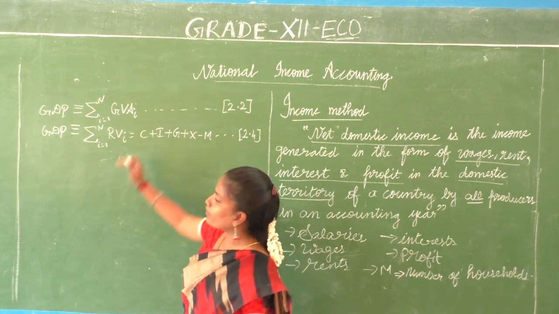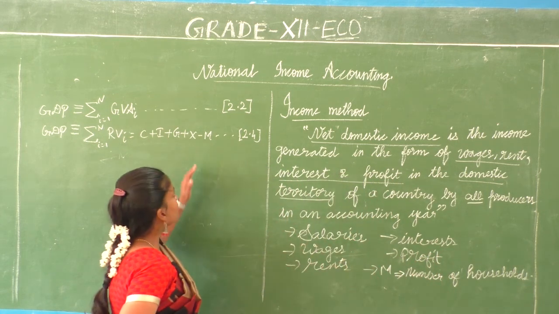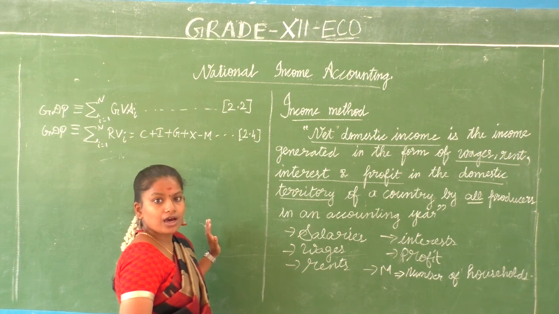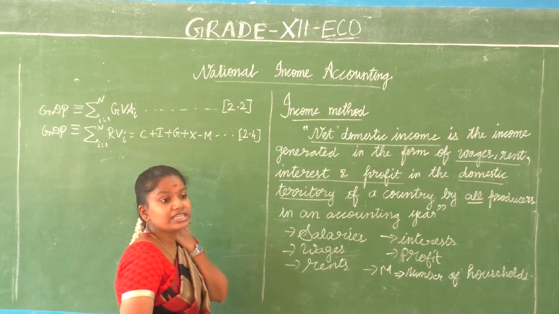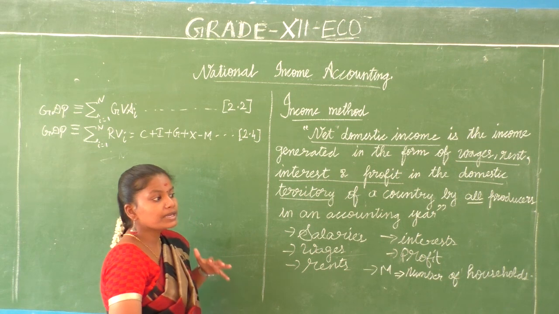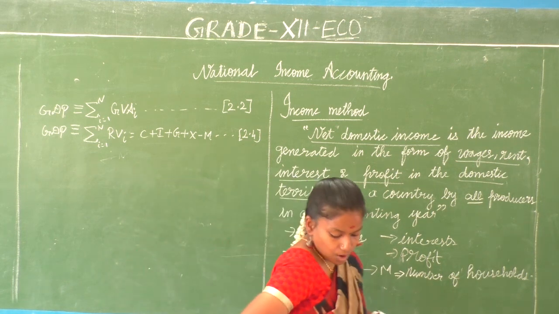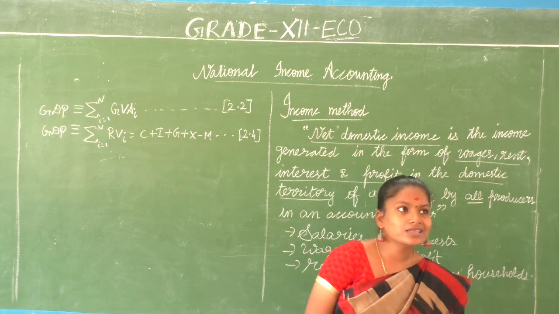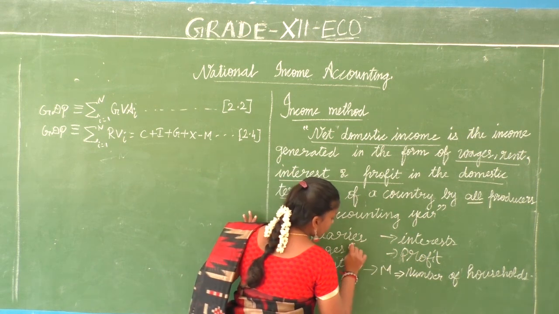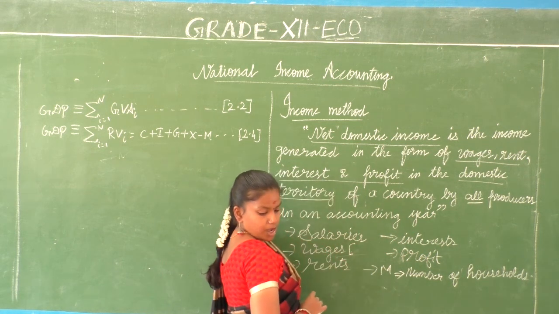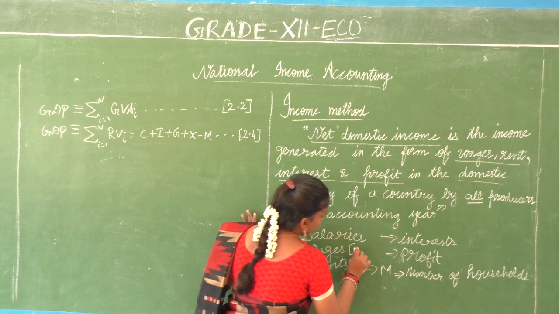Right, what does it lead to? It leads to a new expression. We already have two equations. We are going to have another equation now, which is going to be 2.5. That is, how is GDP calculated on the basis of the income method? What are the things that we are going to take into account? Wages. You are going to mark wages as WI.